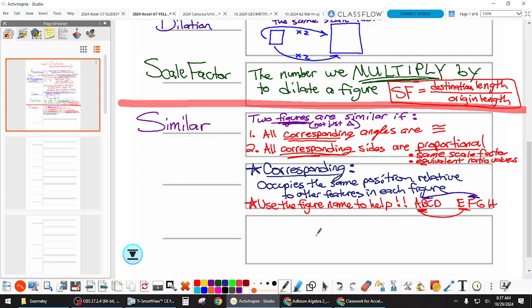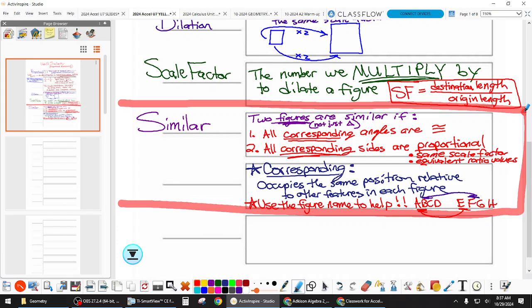So 2 figures, let's go back and make sure we're clear. 2 figures are similar if all corresponding angles are congruent and if our side lengths are proportional. Corresponding side lengths are proportional. This is a big deal. This will be the basis for why we prove things are similar.